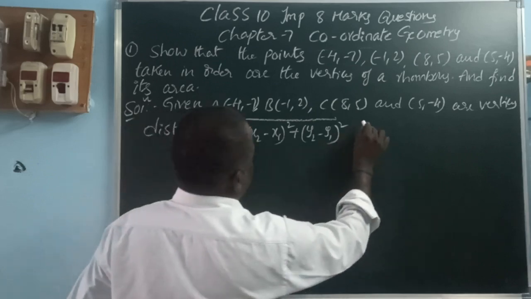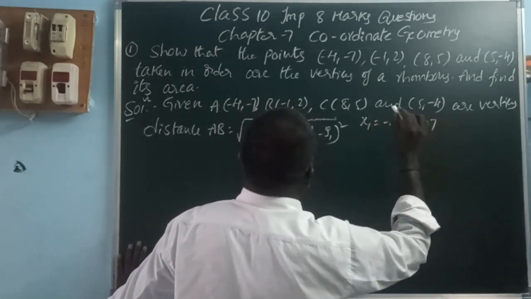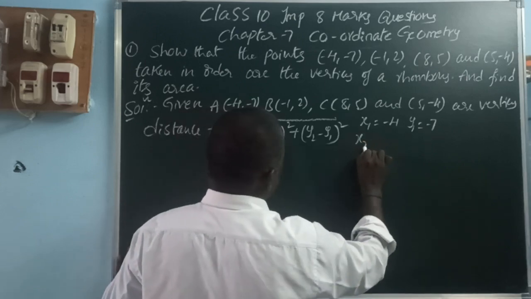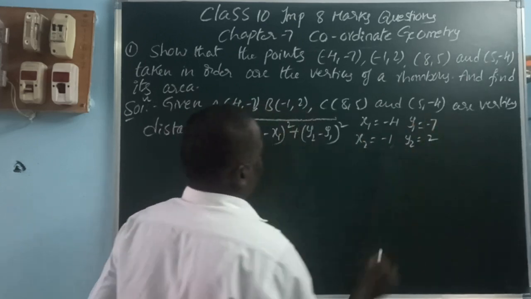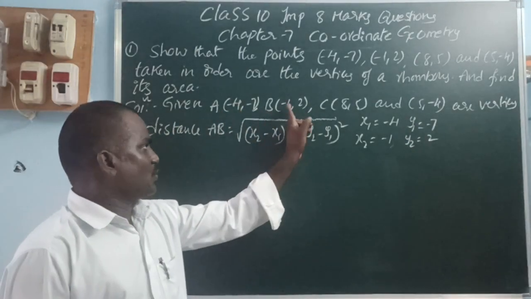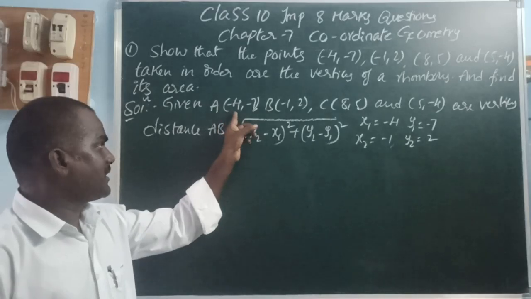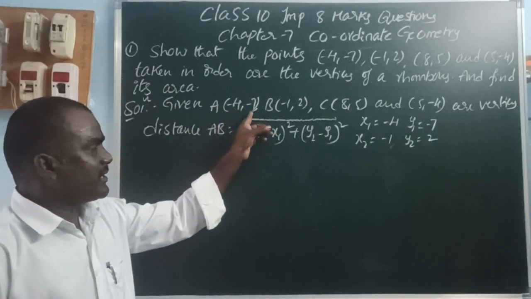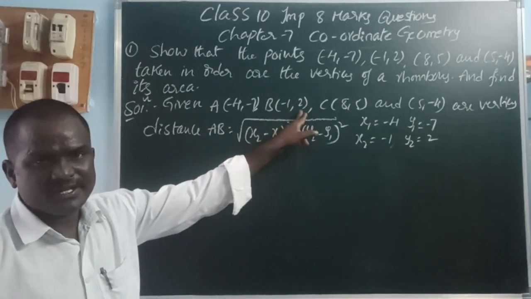So here x1 is -4, y1 is -7, x2 is -1, y2 is 2. In the first point, the x coordinate is -4 and the y coordinate is -7. In the second point, the x coordinate is -1 and the y coordinate is 2.